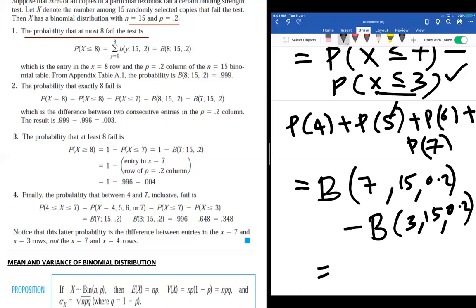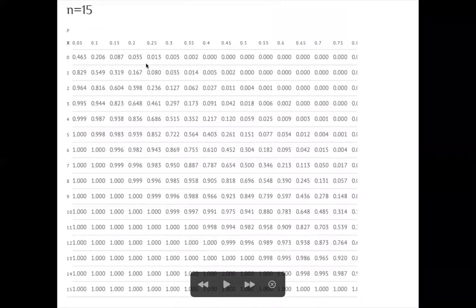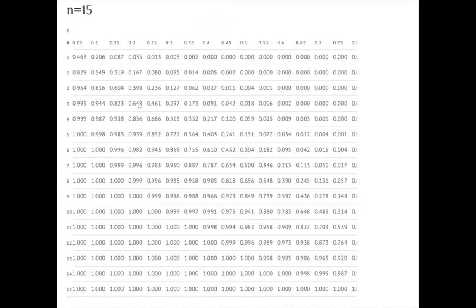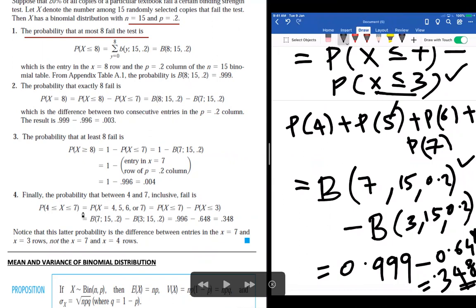The first we have already calculated, which is 0.999 (the value used before). For x equal to 3, n equal to 15, p equal to 0.2, the value is 0.648. So the final solution is 0.348. This is the probability of x between 4 and 7.